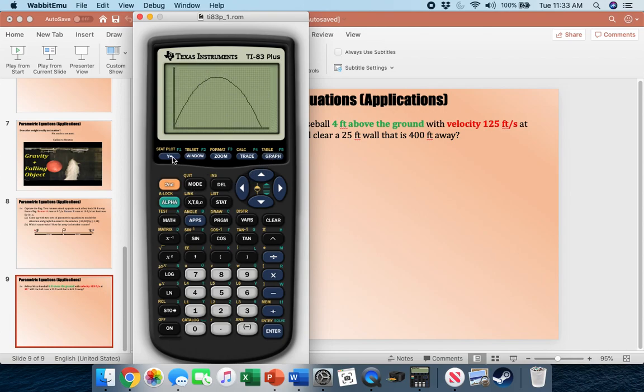But check this out. Look what happens when I put 400, I'm going to graph it simultaneously. This graph of 400 is how far the wall is. And then I'm going to hit 25.